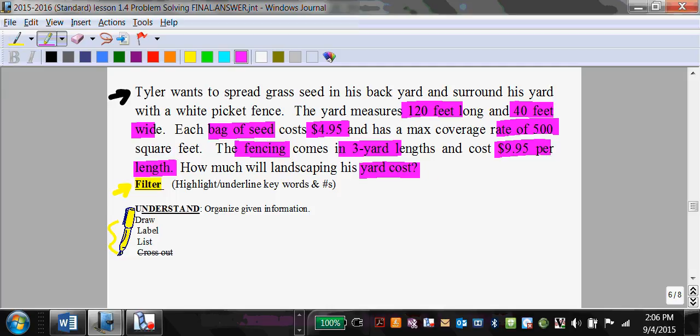You should always have all your numbers, and we're going to organize or understand, which we're going to draw, label, list, cross out.